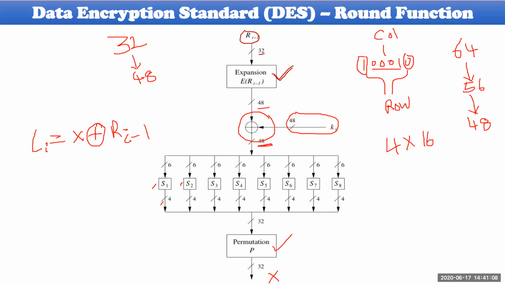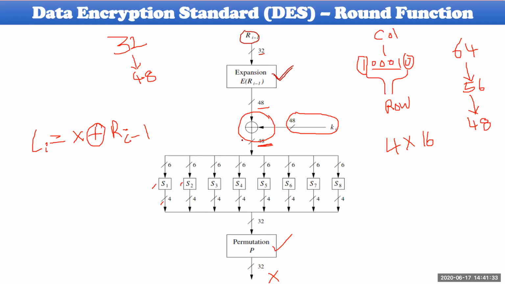So 48 bits cannot be reduced to 32 bits by the key. It could not be done. This actual text, the plain text or partially ciphertext of the right side, will be expanded from 32 to 48. Then exclusive OR is applied and the result is sent to the S boxes.